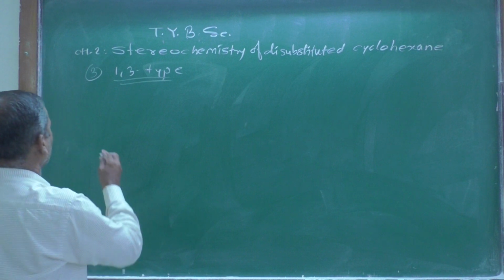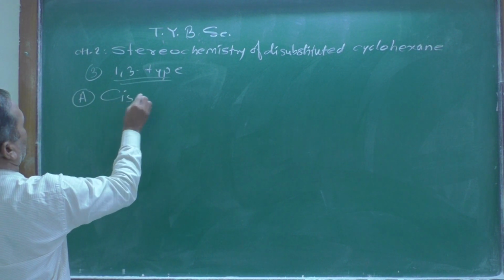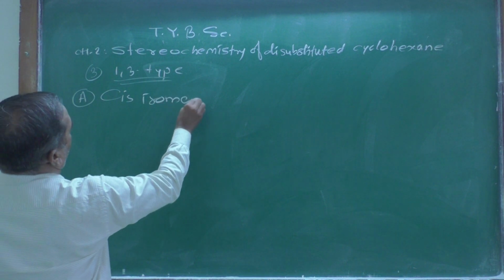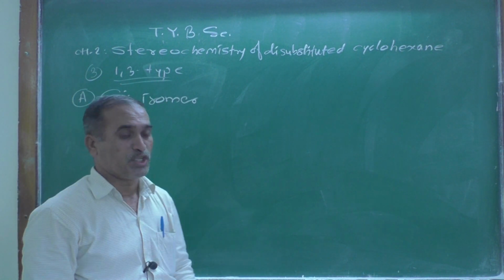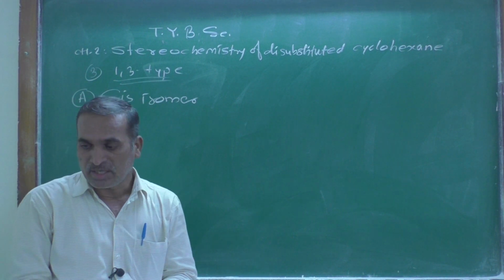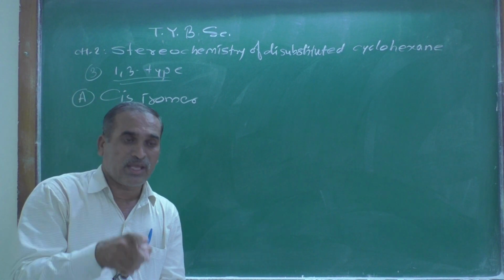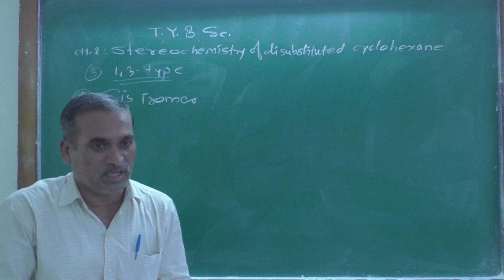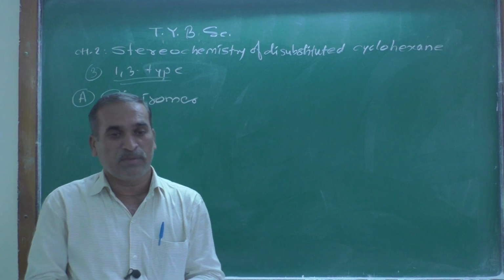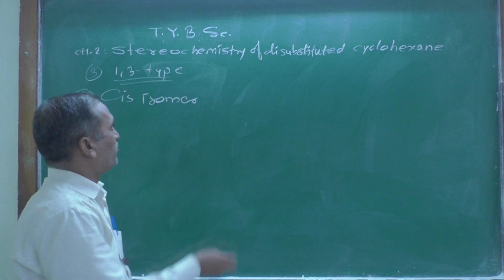Let us start. First one, A, is called the cis isomer. Which form is it? AE form or EA form, or AA form or EE form? What do you think? What is your opinion? So here it must be AA or EE form, right?